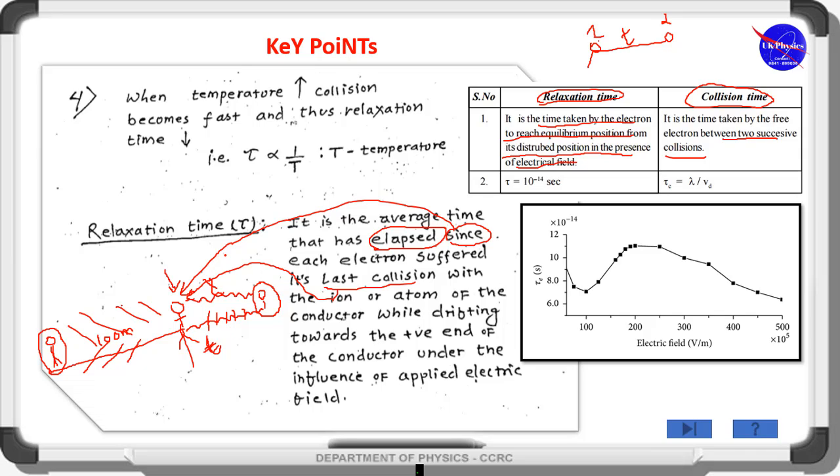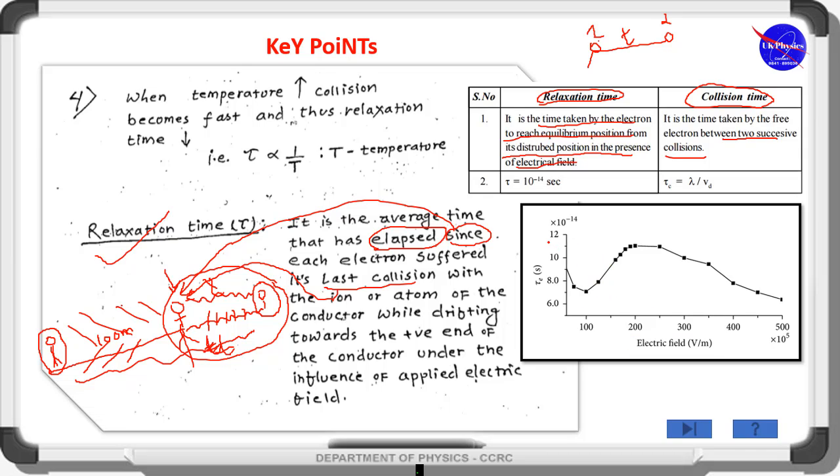So you can compare this example and think over it for the electron, so that you can easily understand the definition of relaxation time. It's simply the average time that has elapsed since each electron has suffered its last collision. This is the relaxation time.